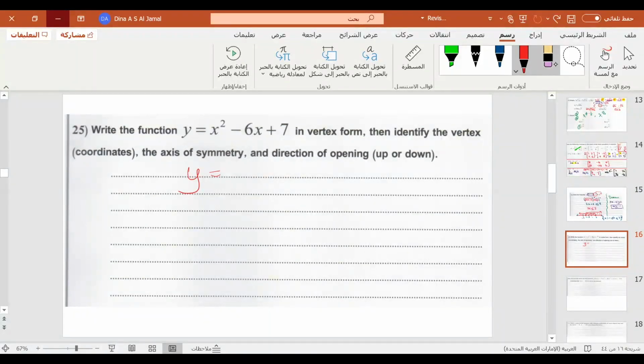Whenever you are having the standard form and you would like to change it to the vertex form, take the first two terms, x squared minus 6x, and pay attention to this one. This is the part that it will help you.